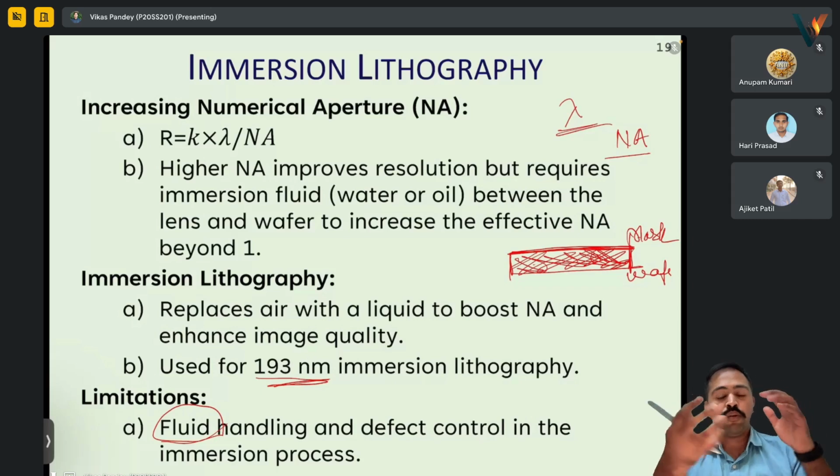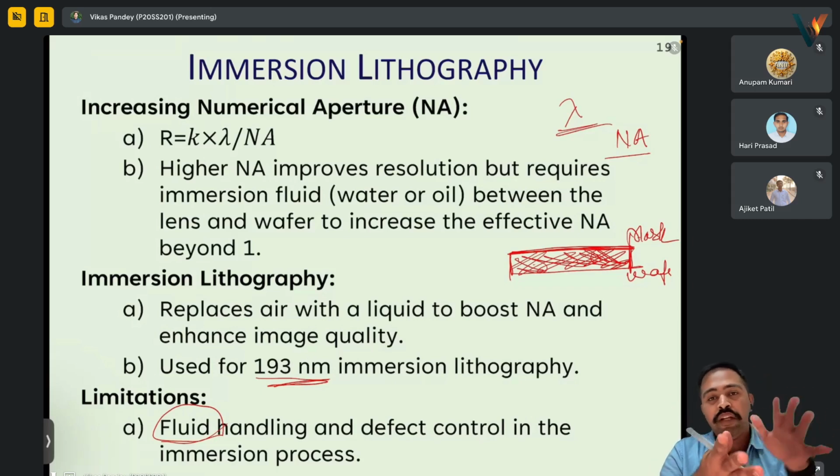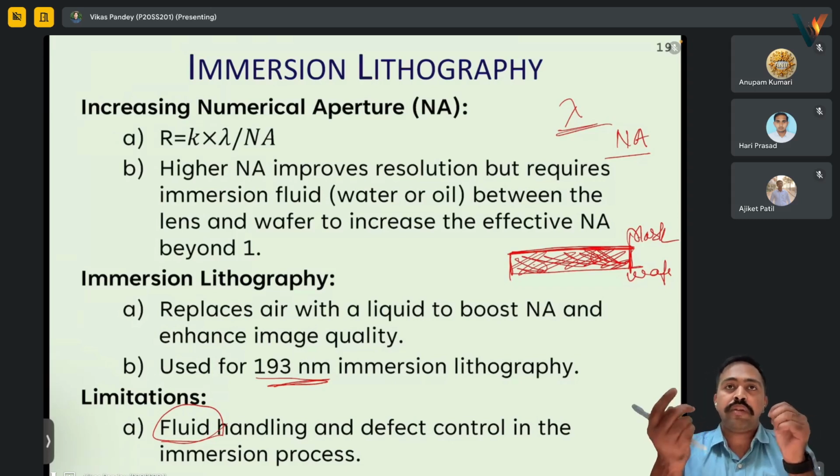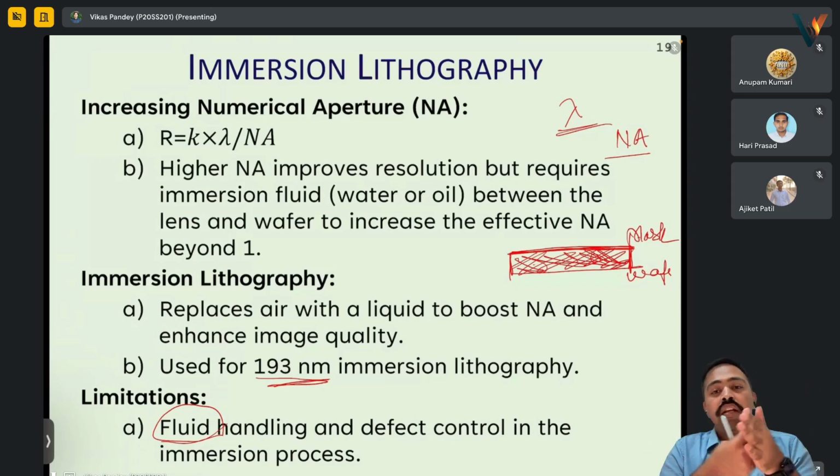The whole setup might have to be kept inside the liquid. In such cases, handling is a problem, as well as since we are putting something in contact instead of air, it might bring some contamination. Although it is very pure and cleaned, it might create some contamination or defects.